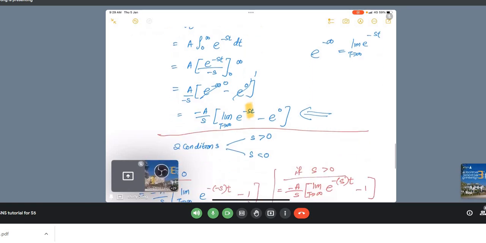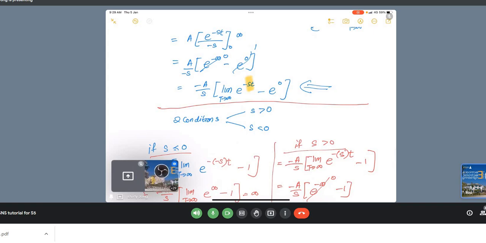Okay, Doctor. Maybe you want to ask, why do I need to consider two conditions? Because if I only have one condition, the s could be from negative infinity to infinity. If I have positive s, I will get a different value. If I have negative s, I have a different value.